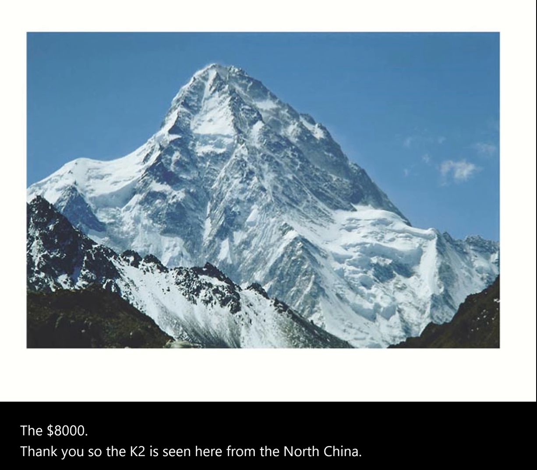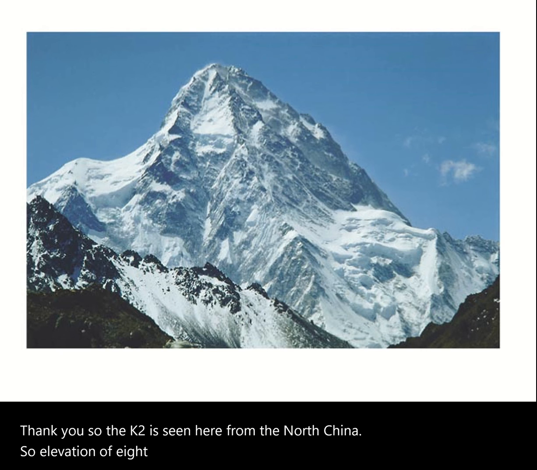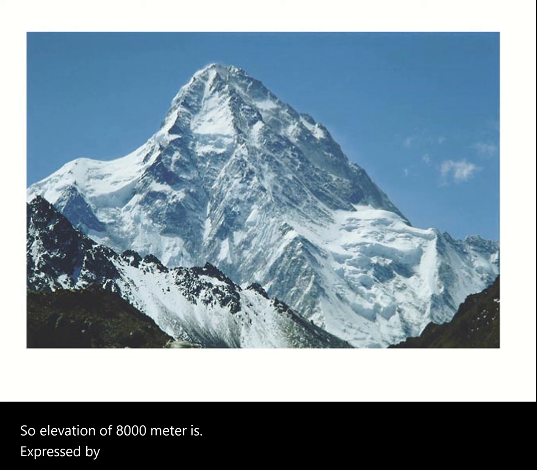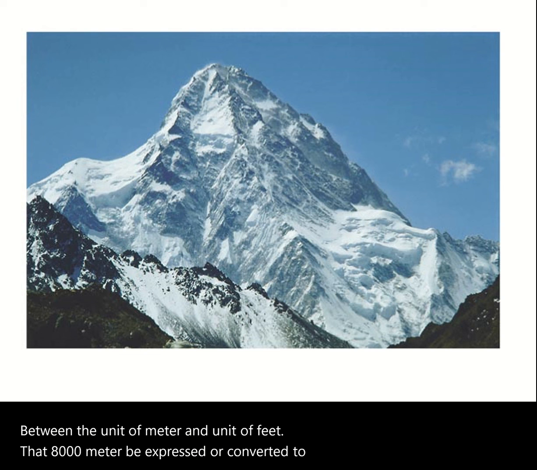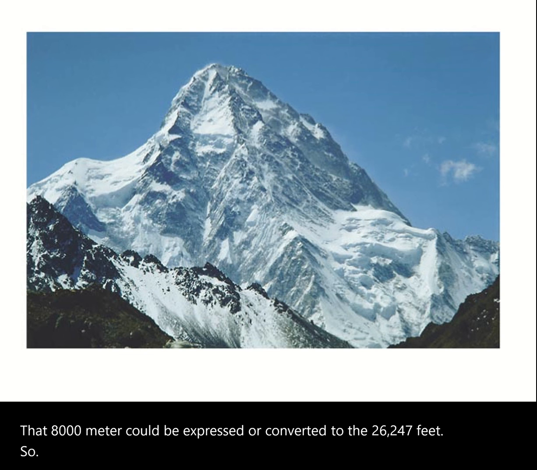So an elevation of 8,000 meters can be expressed in feet. If you apply the ratio between meters and feet, that 8,000 meters could be converted to 26,247 feet. Same height, but expressed by different units.